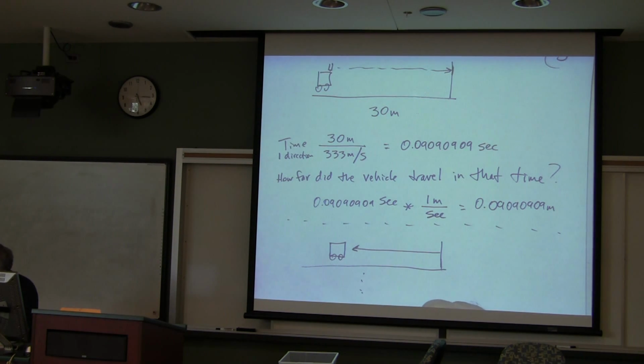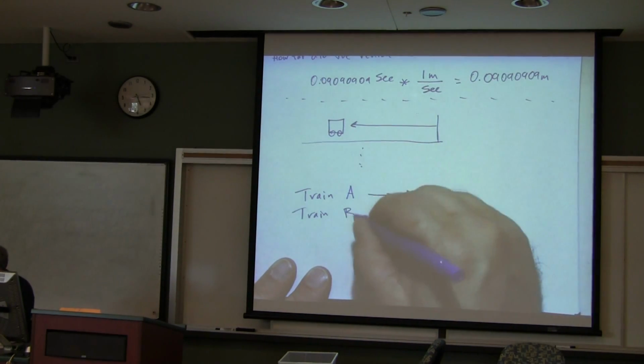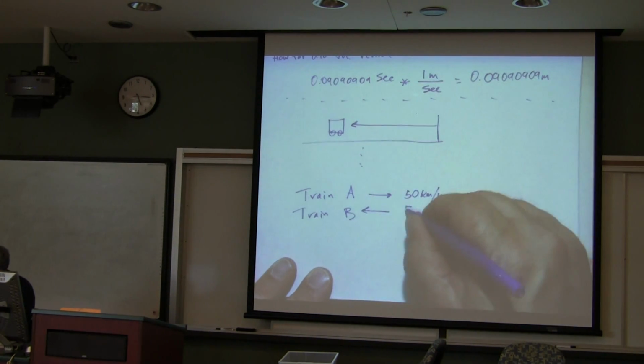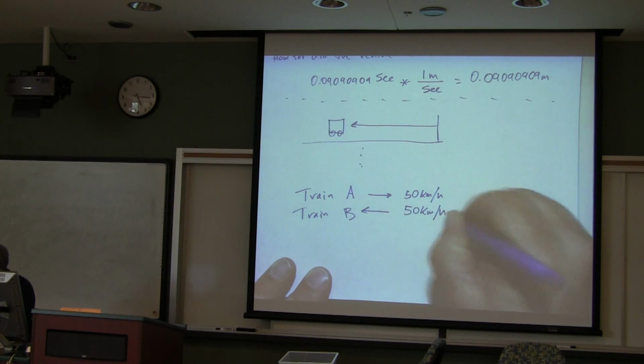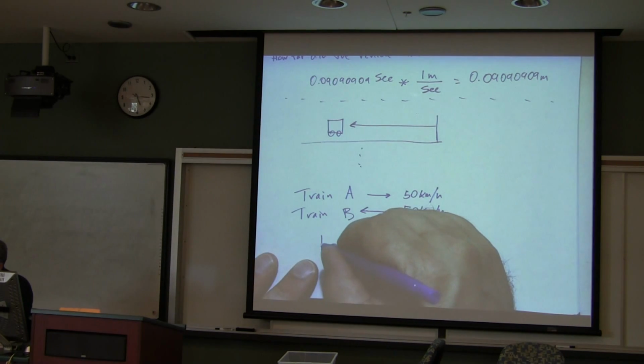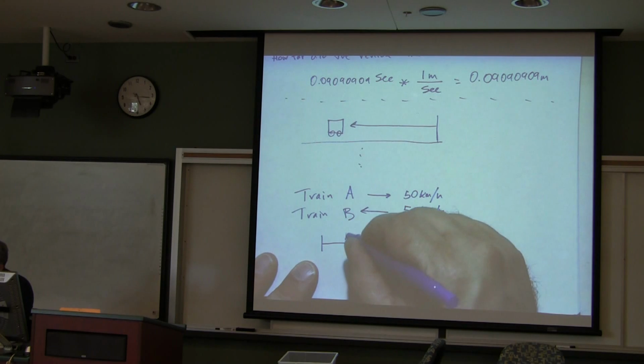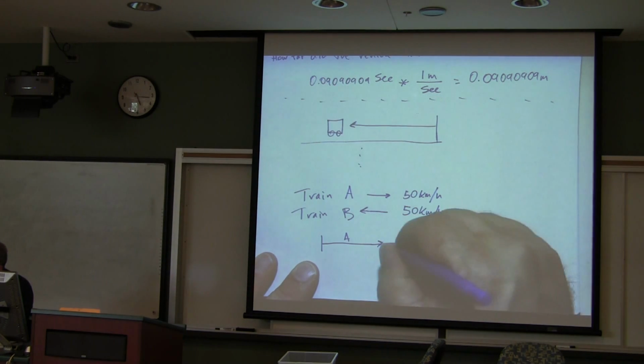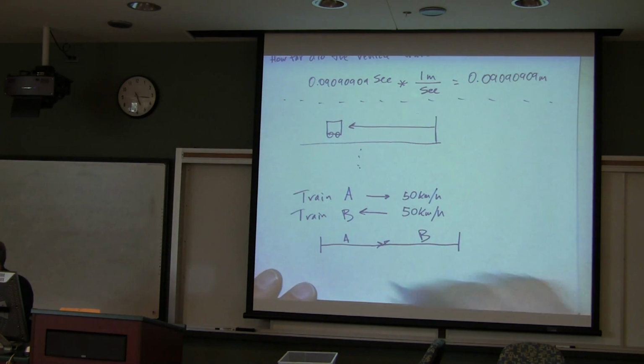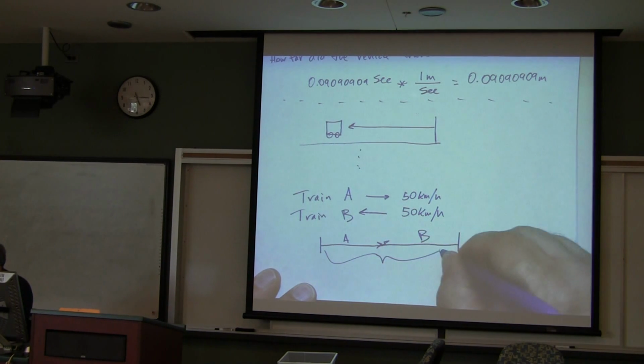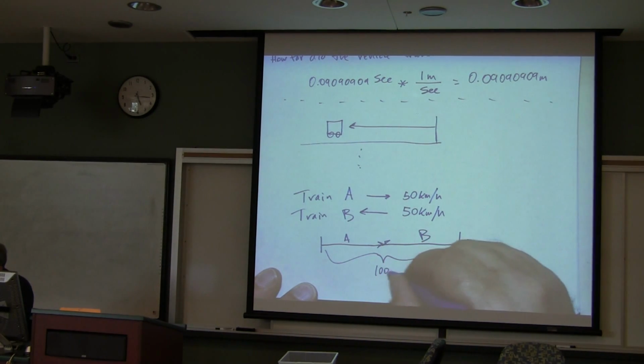If train A travels in this direction at a speed of 50 kilometers per hour, and train B travels in this direction at 50 kilometers per hour, and the whole idea is that you have train A going this way, train B going this way, and the distance is 100 kilometers.